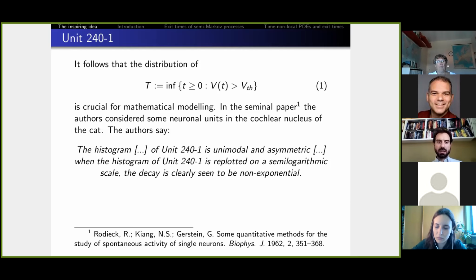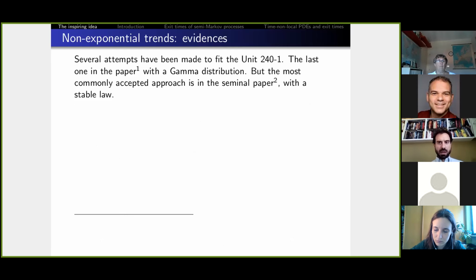So this means that in order to fit data, a model based on this quantity should be a random process whose first passage time to some threshold has a slow decay, which is not exponential.